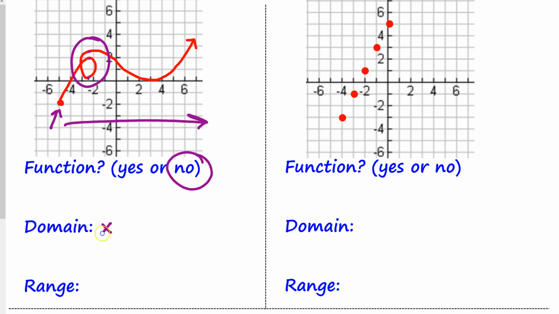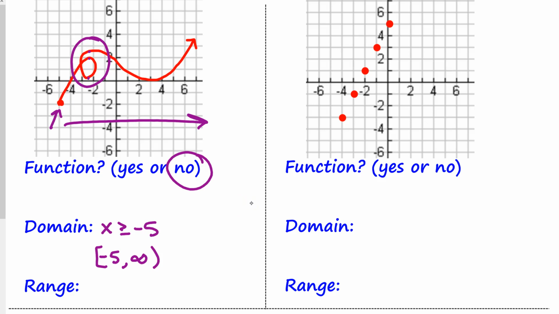So we can say x is greater than or equal to -5. There's another kind of notation we can use. It's called interval notation. We would put a square bracket on -5, comma, infinity. Always use round brackets on infinity. A square bracket means include it. A round bracket means don't include it. So both of those are the same answer, just represented in different notation.